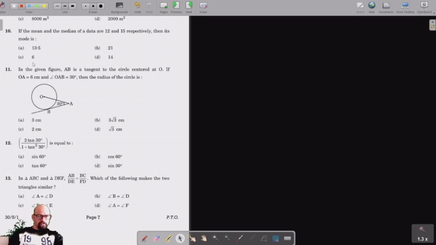For question number 10, we have to find the mode, and we know the empirical relation between mean, median, and mode.